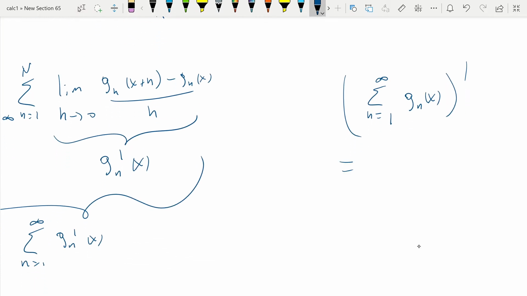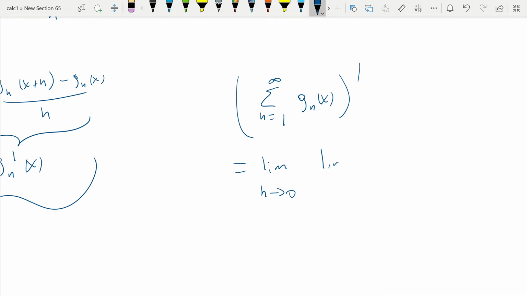And this is then the limit when h approaches 0 of the limit now when n goes to infinity of the sum from n equals 1 up to N of g_n of x plus h minus g_n of x, all of that divided by h.